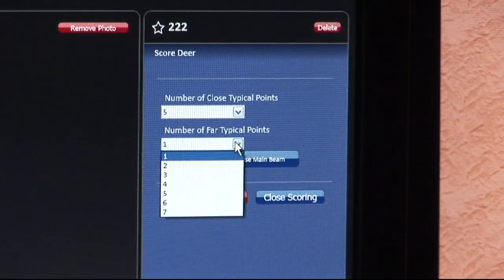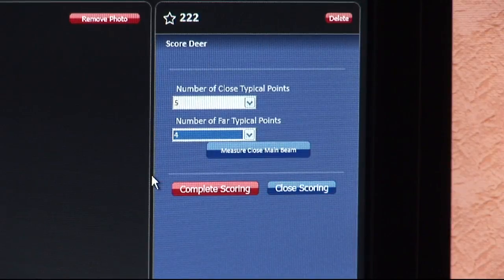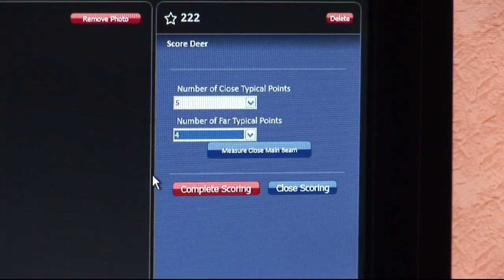The close beam has 1, 2, 3, 4, 5 close typical points. The far beam has 1, 2, 3, 4 far typical points. When finished, from the drop-down list, select Measure Close Main Beam to continue.